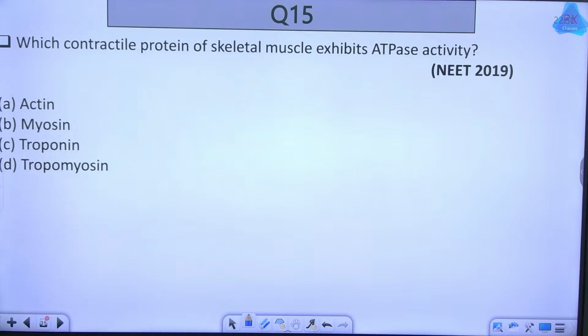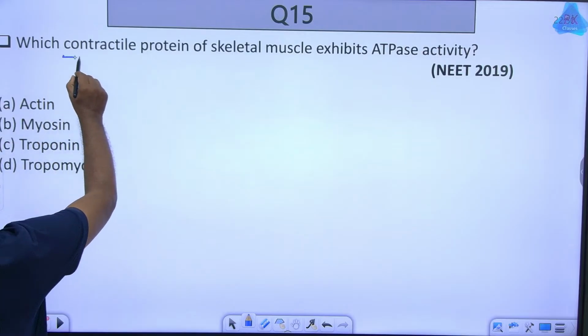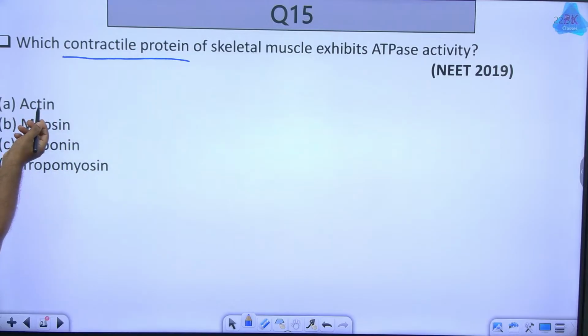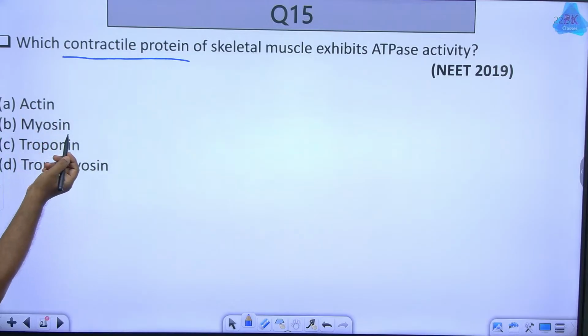So the name has already given the hint, contractile protein. So if it is a contractile protein, it should be either actin or myosin. The answer here is myosin.